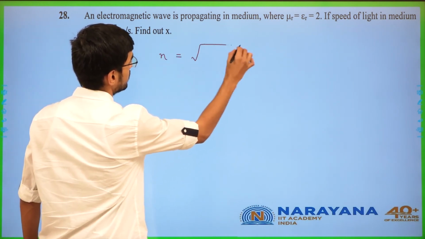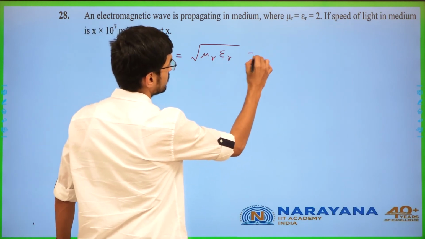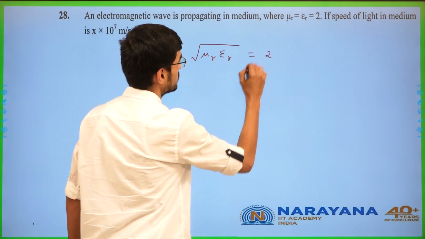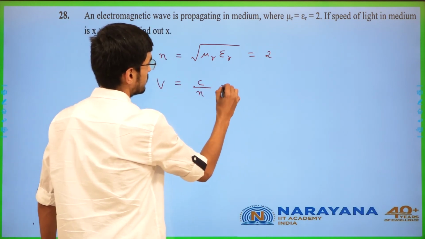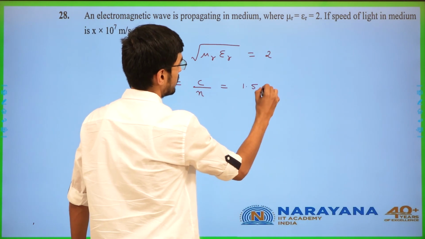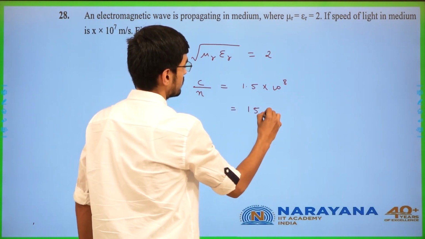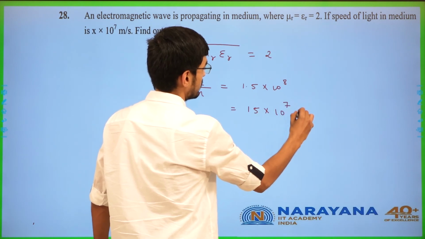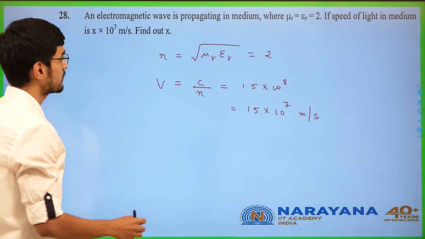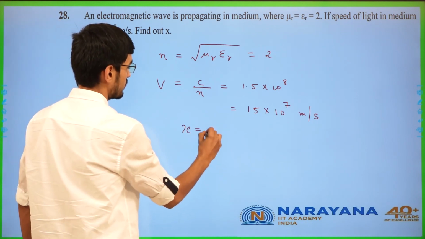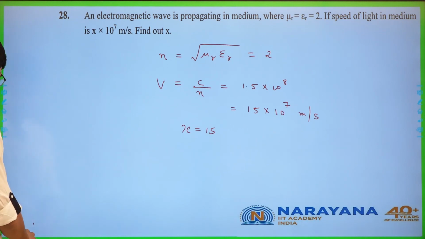So n is the square root of mu r epsilon r, both are 2, so this is the square root of 4, which is 2. The speed of light in this medium will be c upon refractive index, which gives 1.5 into 10 to the power 8, so 15 into 10 to the power 7 meters per second. He is asking x into 10 power 7, so the value of x should be 15.